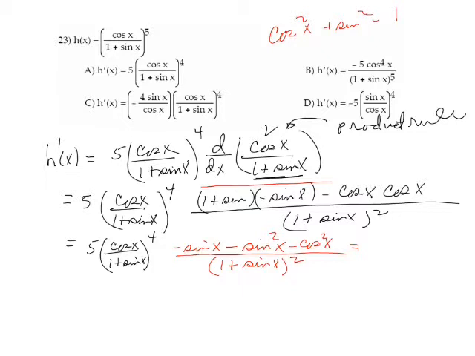So this portion is equal to minus 1. So factoring a minus 1 out, we get minus 5 cosine of x over 1 plus sine of x to the 4th power.